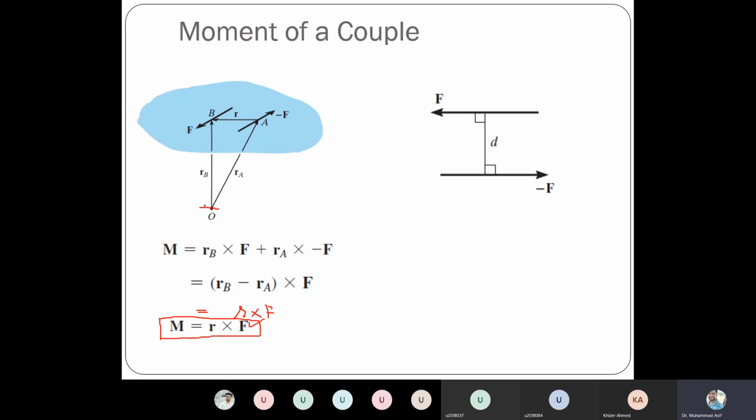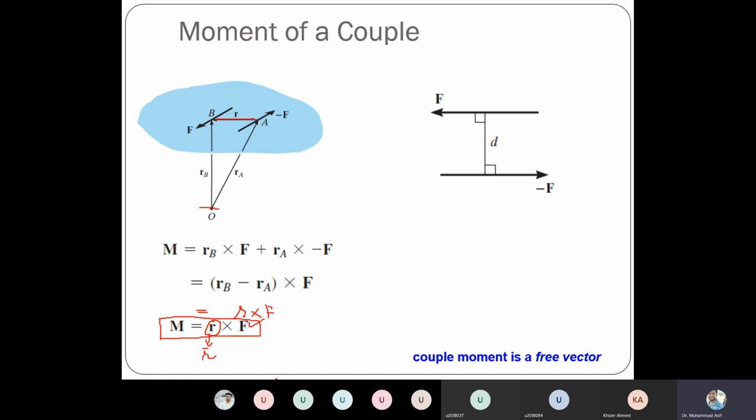one of the force vectors, and then there should be a moment arm which is perpendicular to that. In 2D, this should be exactly the perpendicular distance. But in case of 3 dimensions, this R vector is not essentially the perpendicular between the two forces. It could be any vector, right?